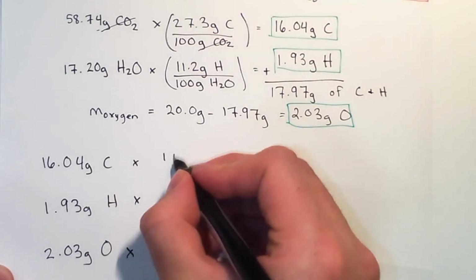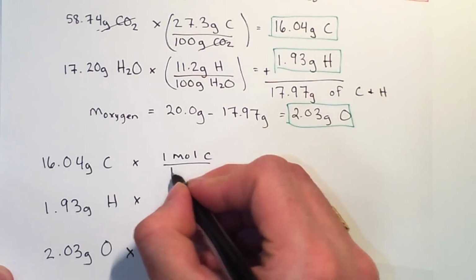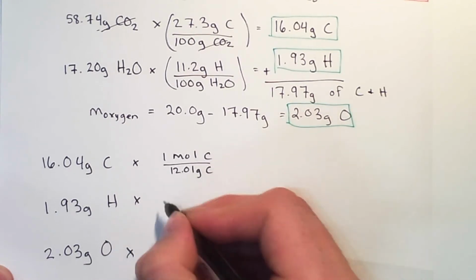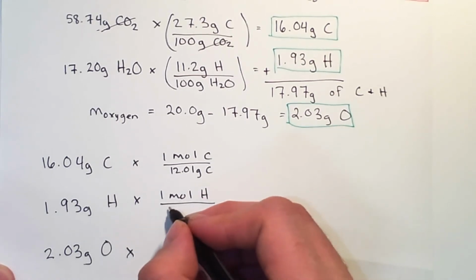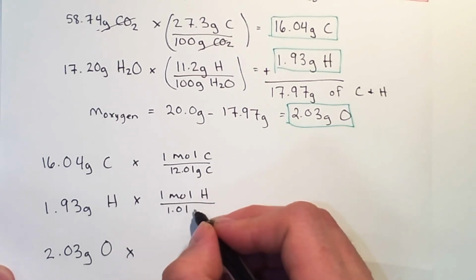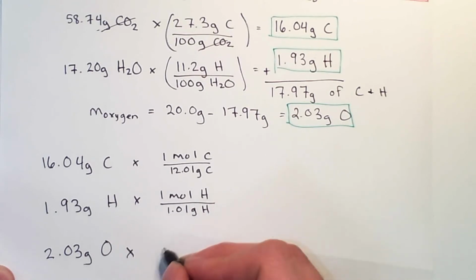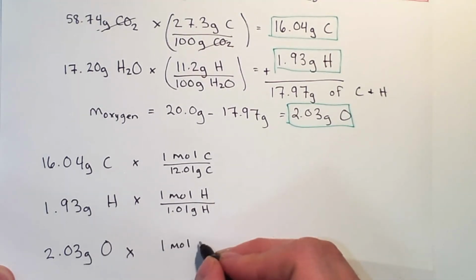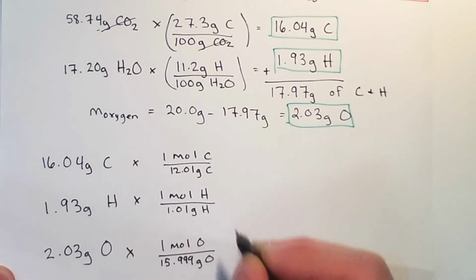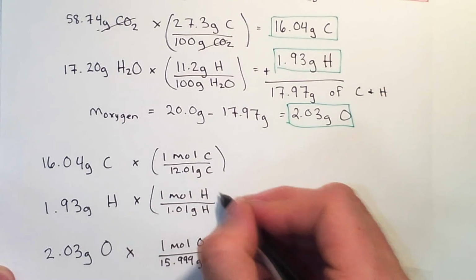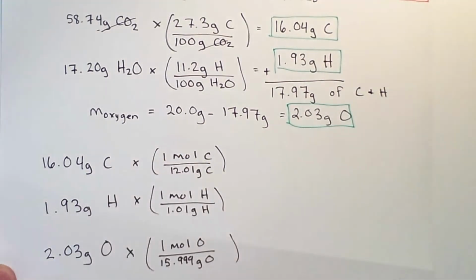I do all three of them at the same time. 1 mole of carbon is 12.01 grams of carbon. 1 mole of hydrogen is 1.01 grams of hydrogen. 1 mole of oxygen is 15.999 grams of oxygen. So we're just going to take those masses and convert them to moles so we can actually compare the number of particles.